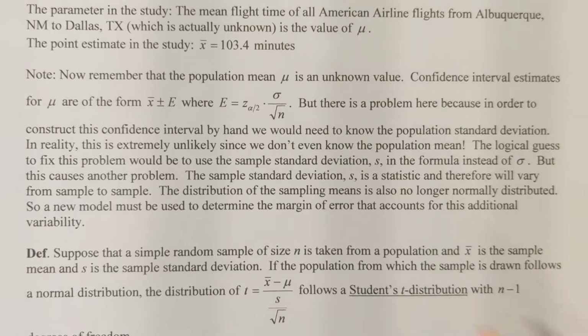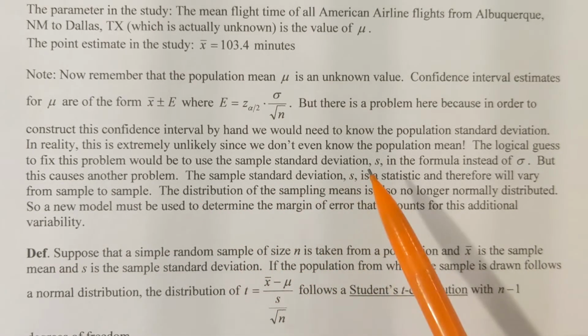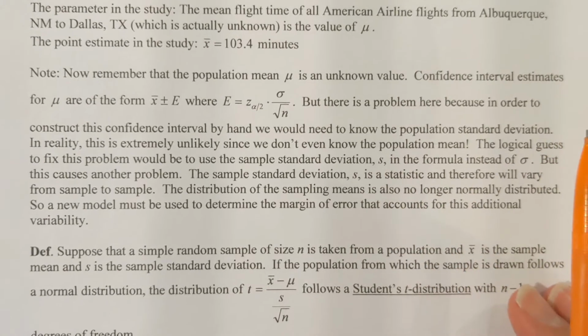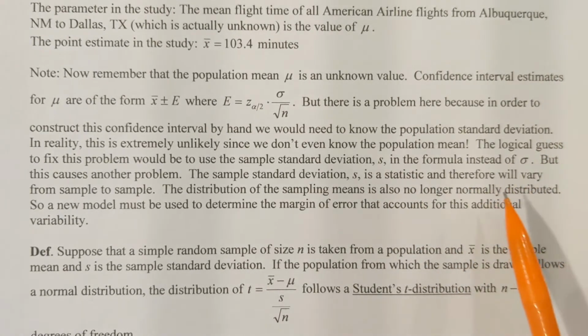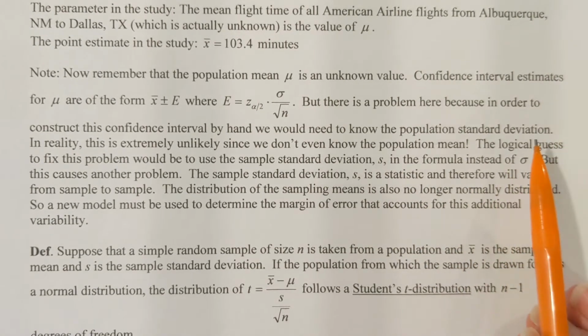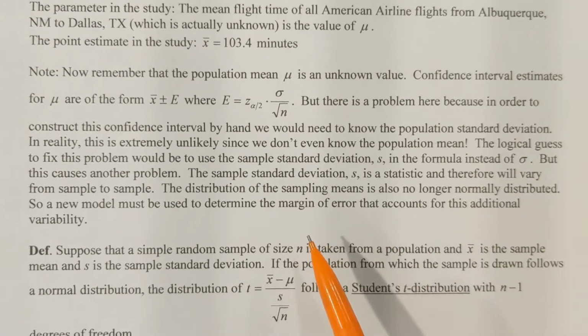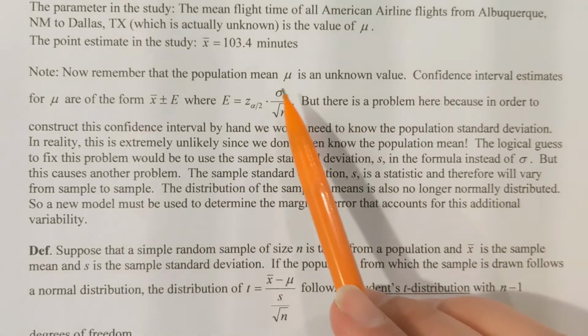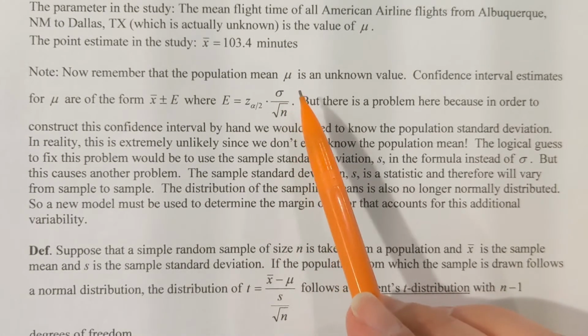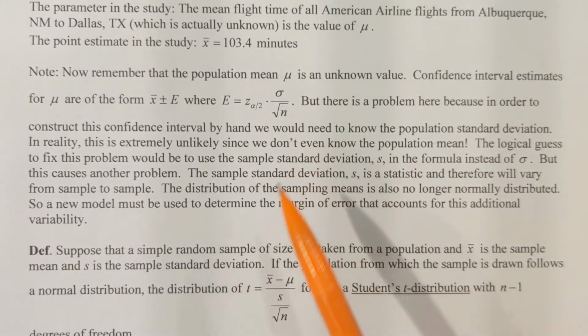Now, to fix this problem, we could use the sample standard deviation s instead of sigma, but that actually creates another problem because s is going to vary from sample to sample, right? And we need one number. We don't want something that's going to change from sample to sample.